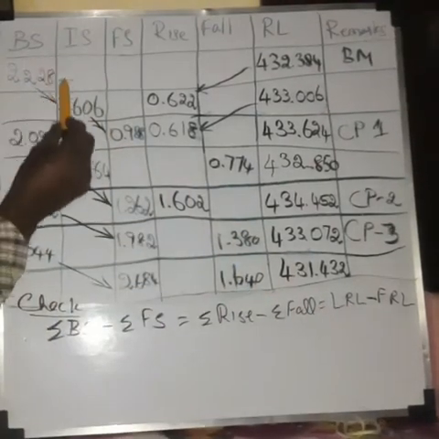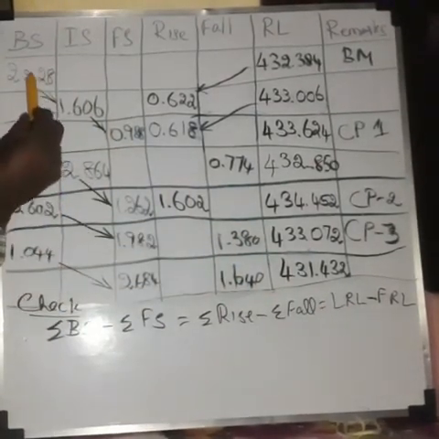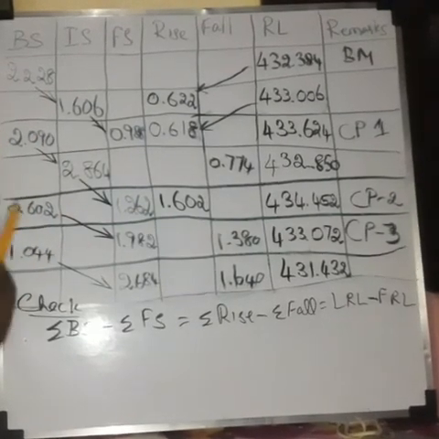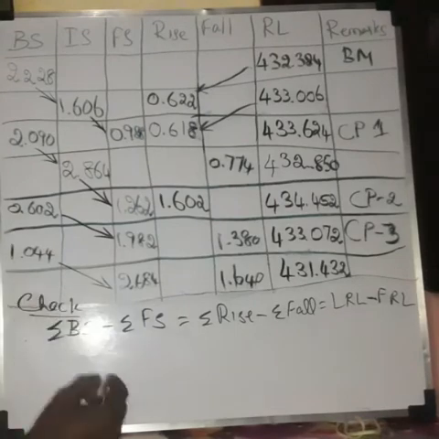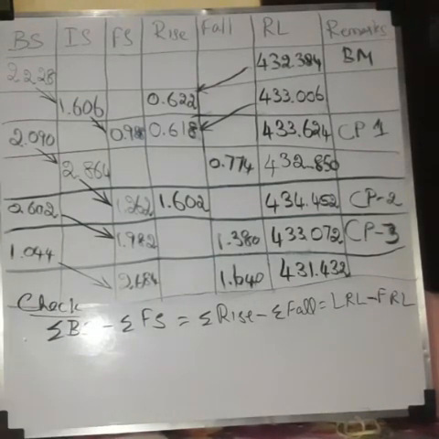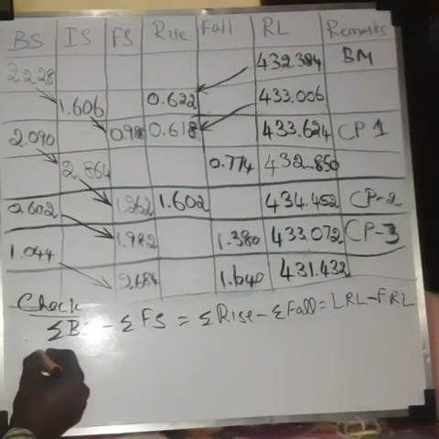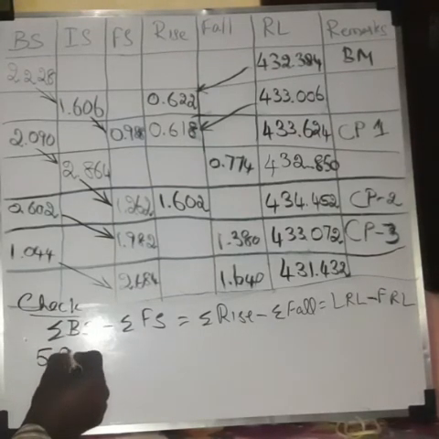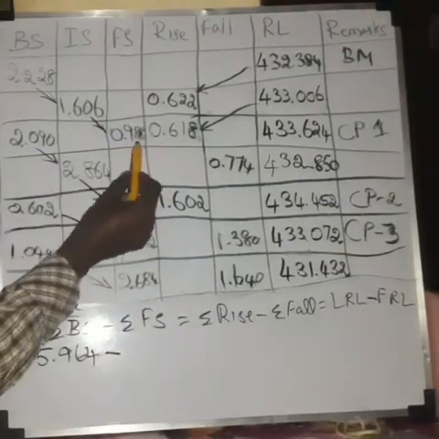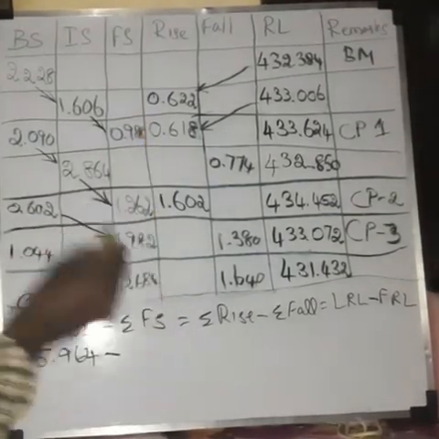The summation of backsight: here 1, 2, 3, 4, four backsight values are available. Adding these four gives the sum of backsight, which is 5.964. 5.964 minus the sum of foresight. Foresight also has four values.